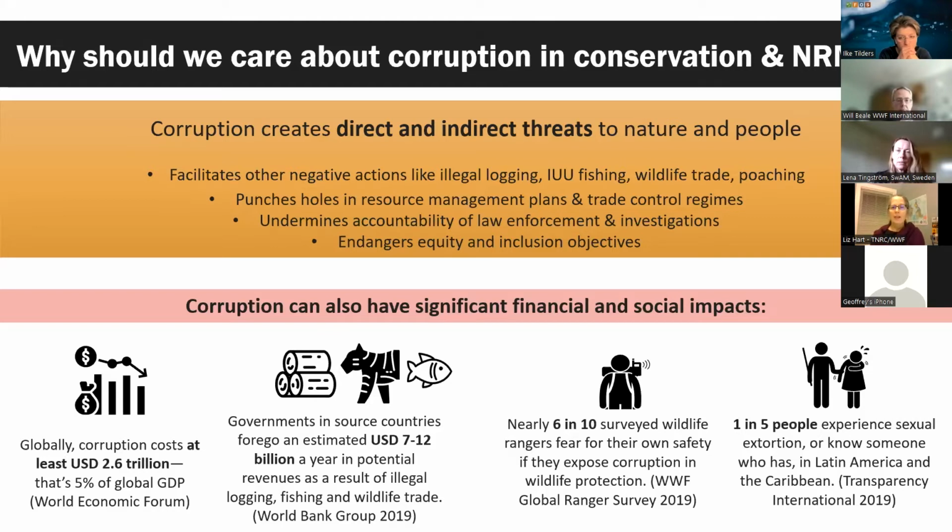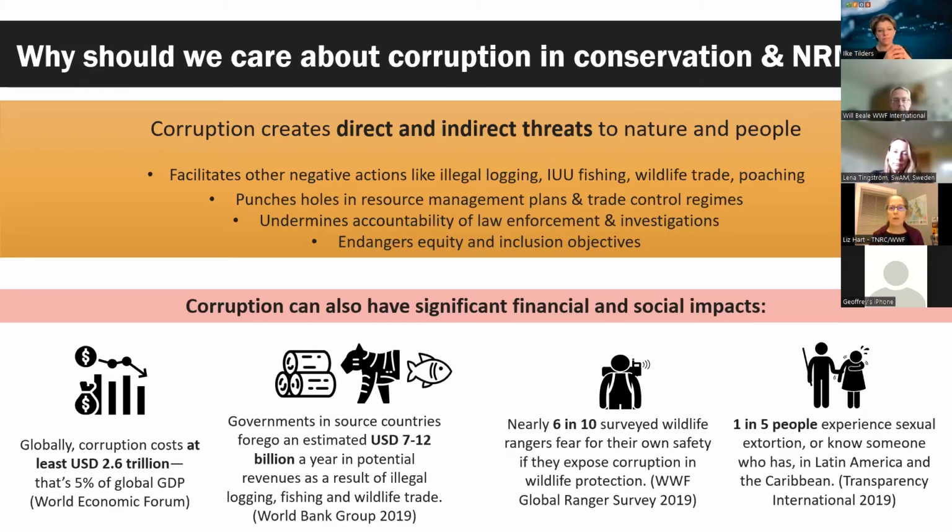What we're really talking about is the impact of corruption in the context where we work on the objectives of conservation. So corrupt actions are the means by which many negative behaviors with negative impact on natural resource management objectives are made easier or less risky for the perpetrator, with significant impacts on systems, both as direct threats, as I said.